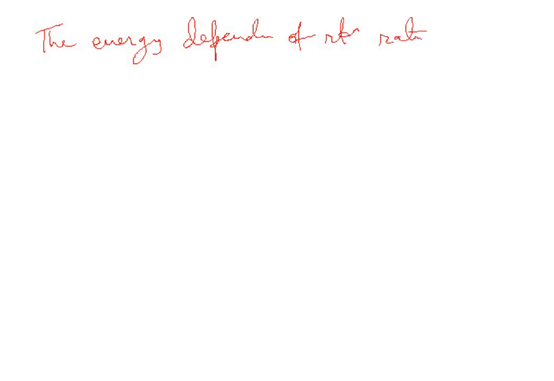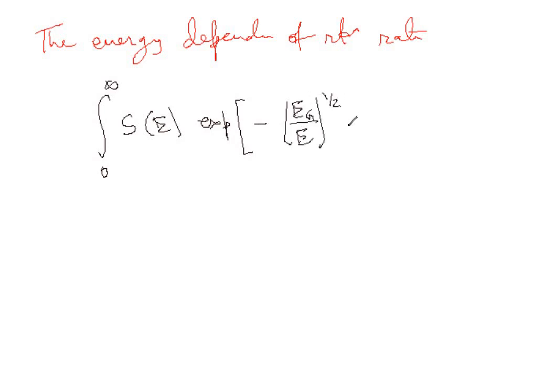The energy dependence of reaction rate is given by this term: integral from 0 to infinity of S(E) into exponential minus, let me put this term first, E_G by E to the power half minus E by k_B T, dE. Any questions?